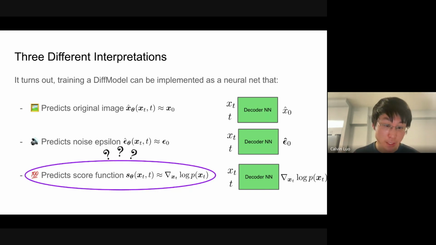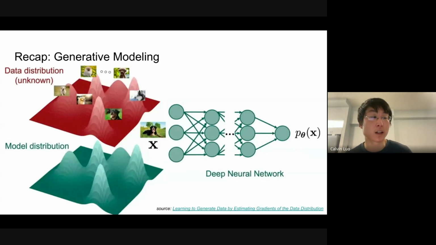So let's talk about predicting the score. And to take a step back on providing intuition on this beyond just applying this mysterious Tweedie's formula, we can build some more intuition on what modeling score is and why it's done. So, a recap of generative modeling: we have maybe this unknown data distribution, right? Maybe, for example, it's modeling natural images of dogs.